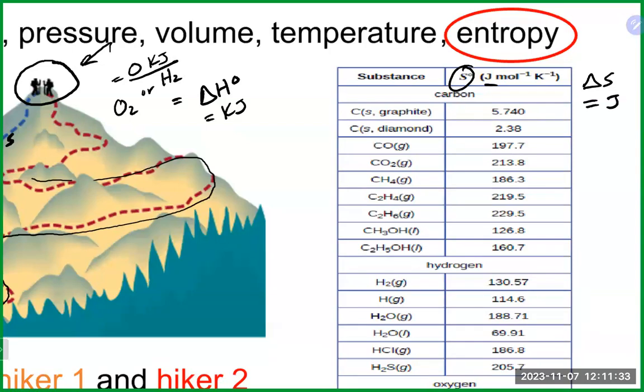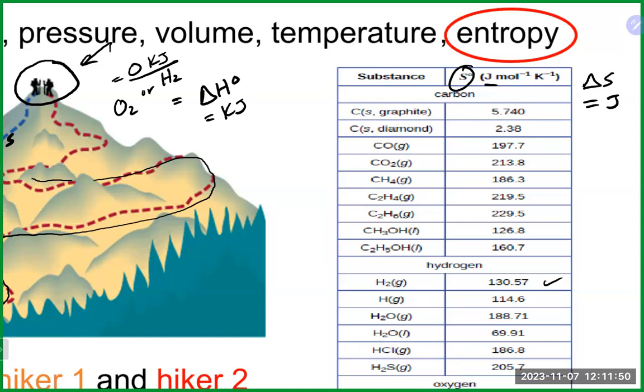They have a value of 0. But for entropy, you will actually find values for those things in here. So that's a little bit different than a delta H table. You'll actually see values for things in their standard state.